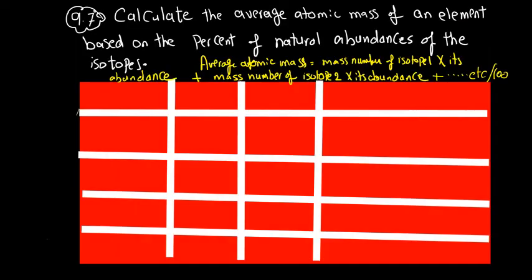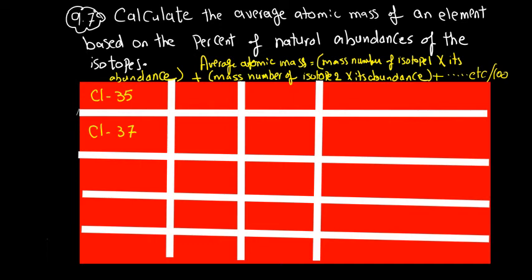So in order to calculate the average atomic mass, you are going to multiply the mass number of each isotope by its abundance and add them all, then divide the final answer by 100. Let's take an example. If chlorine has isotope, first isotope is Cl35, the second isotope is Cl37.